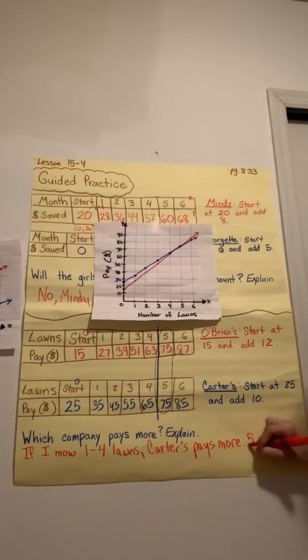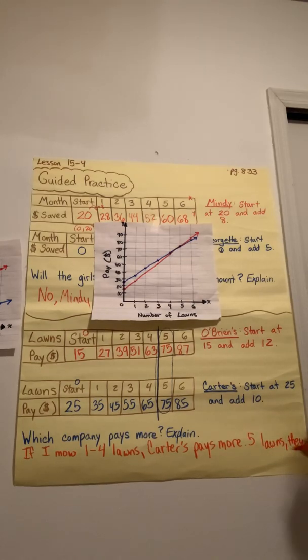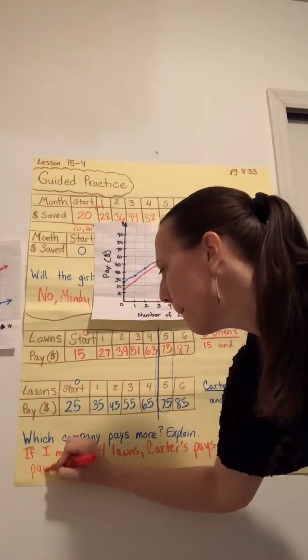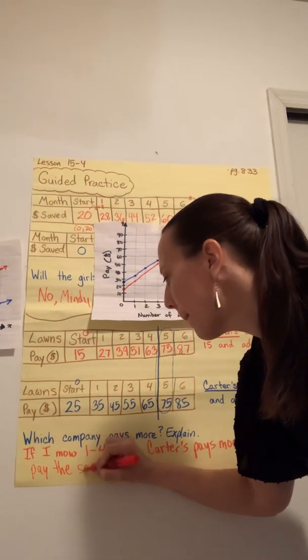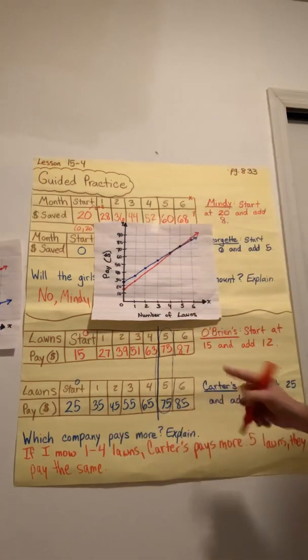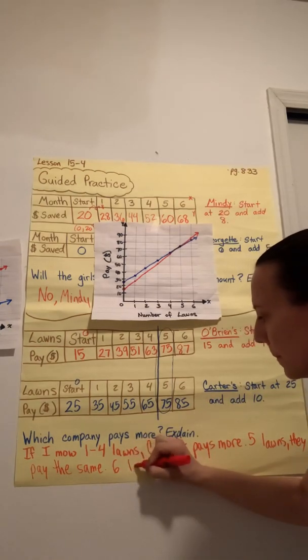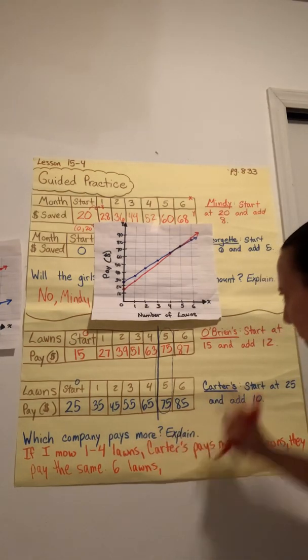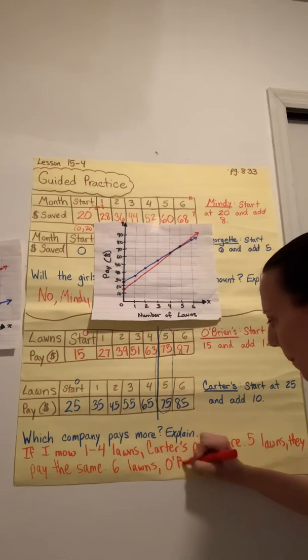Five lawns, they pay the same. Six lawns, O'Brien's pays more.